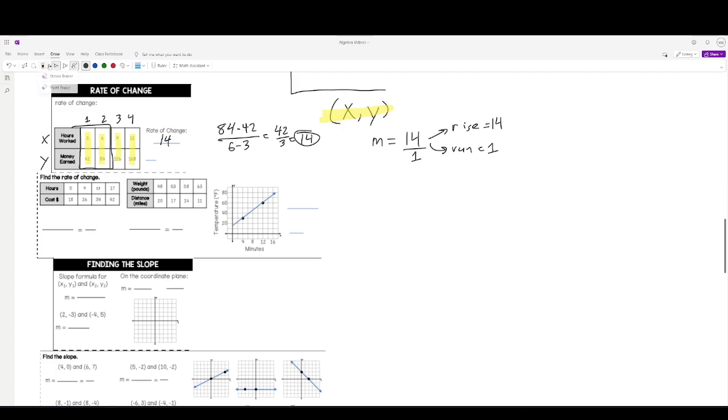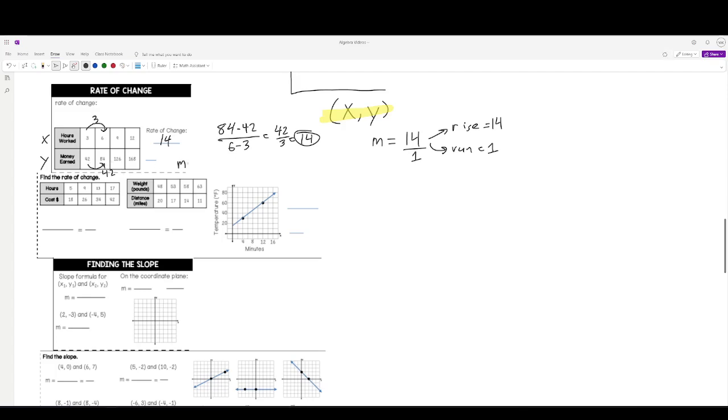So now I want to go back. So that's how we would use the slope formula. If it were me, I would advise not using the slope formula for a table. Instead, what I would do is use rise and run counting the way we would on a graph. So I look from 3 to 6, I have a run of 3 because I'm adding 3. And from 42 to 84, I have a rise of 42 because I'm adding 42.